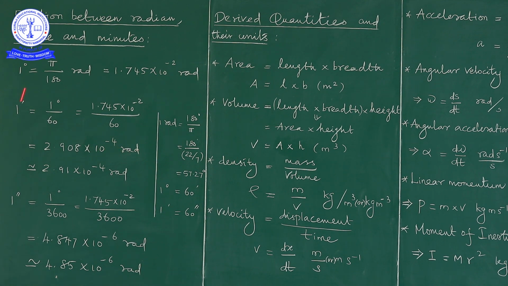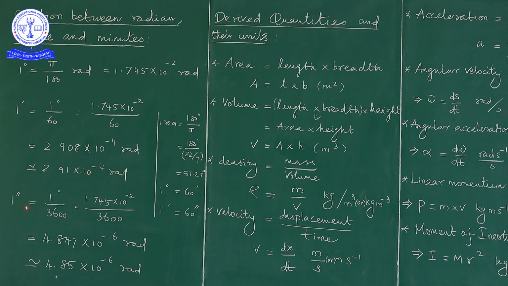So approximately we can call it 2.91 into 10 to the power of minus 4 radian. So we conclude that 1 degree is equal to 1.745 into 10 to the power of minus 2 radian, and 1 minute is approximately equal to 2.91 into 10 power minus 4 radian.